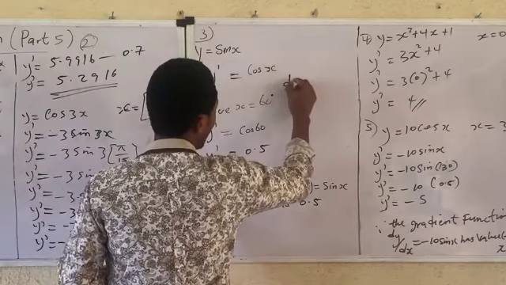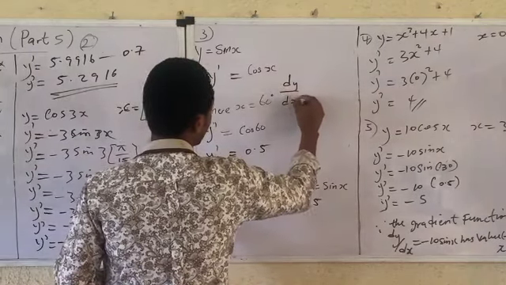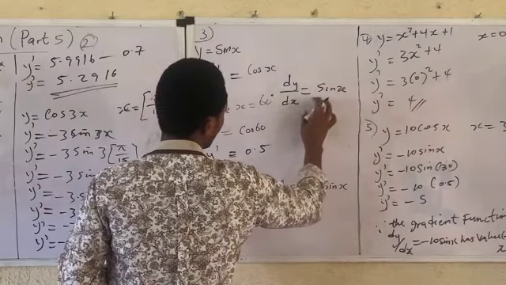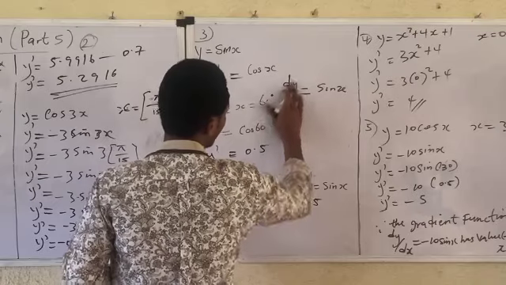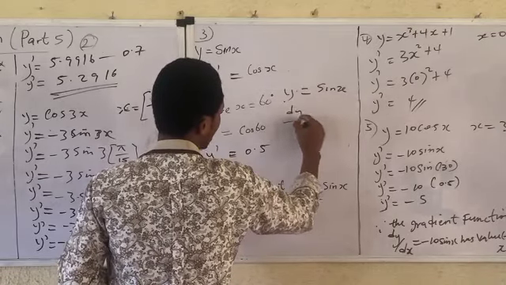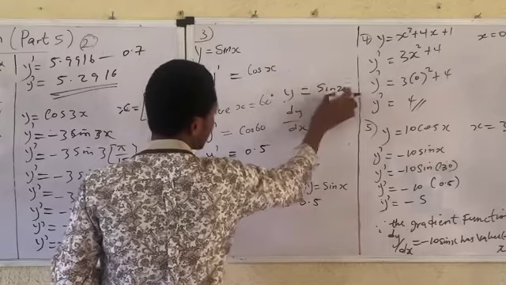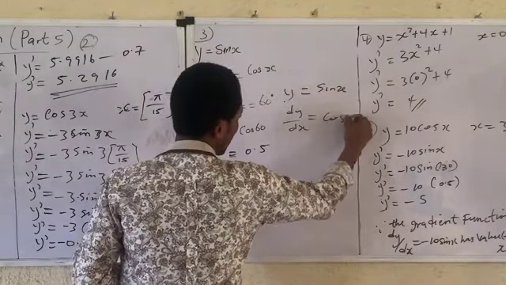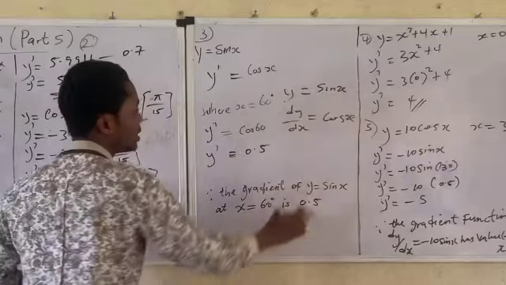Remember, y equals sine x. dy/dx, the variation of y with respect to x, will give us cos x, because the derivative of sine is cos.